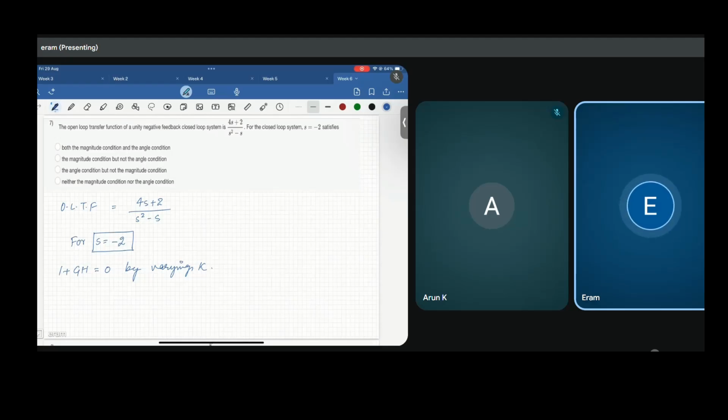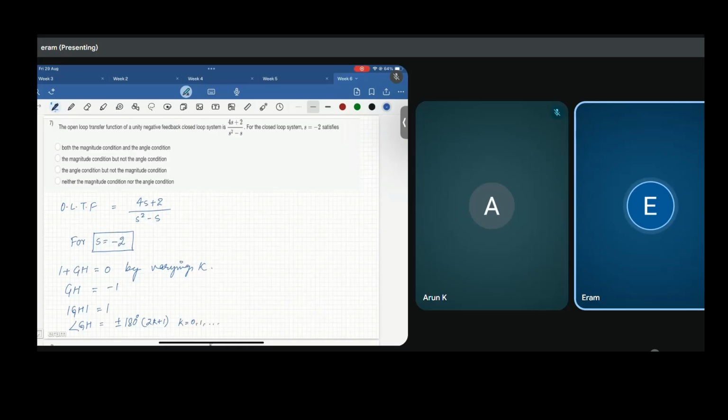So the poles will lie on the root locus if they satisfy GH equals to minus 1. That means the magnitude of GH is 1 and the angle of GH for the pole s should be an odd multiple of 180 degrees.